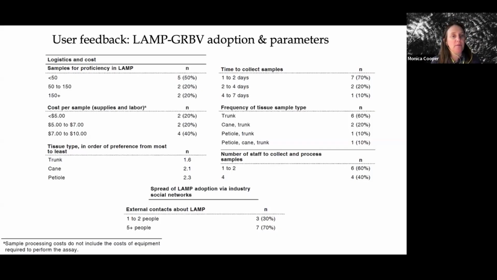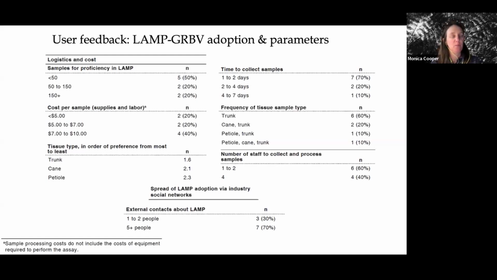At the time, the average cost of the supplies and labor to both collect and process the samples was between $7 and $10 per sample. Of course, that is never a fixed value given inflation and other changes in the cost of labor and supplies.